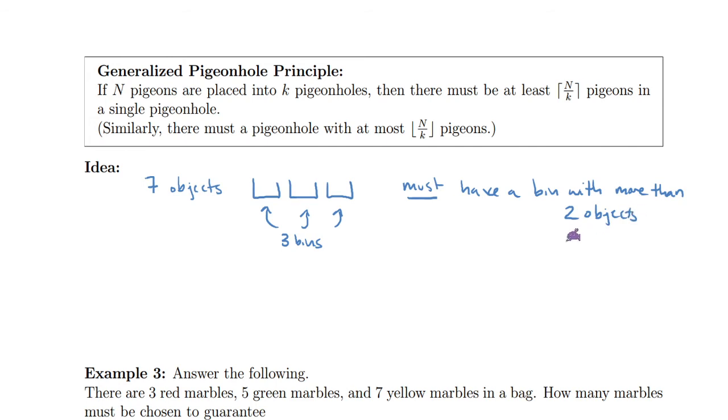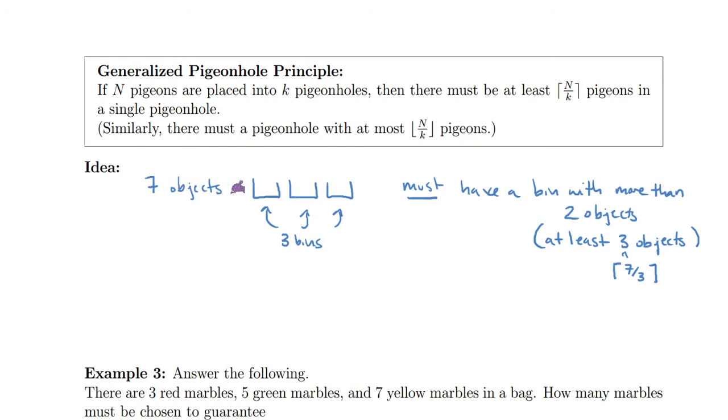In other words, we're saying at least 3 objects. Now, where's that coming from? Well, that 3 is actually the ceiling of 7 divided by 3. What is it? It's 2 and some change, right? Of course, you can tell me the exact answer, but the point is that if you round up, you'll have 3, right? Okay, so let's think about the intuition here.